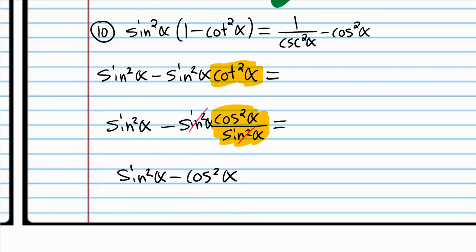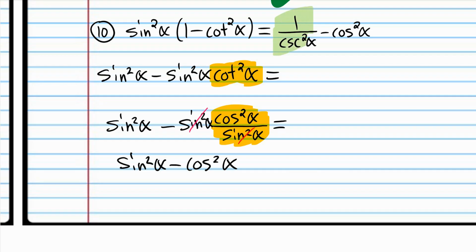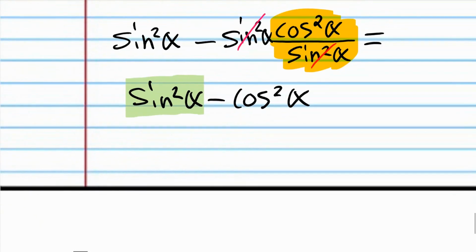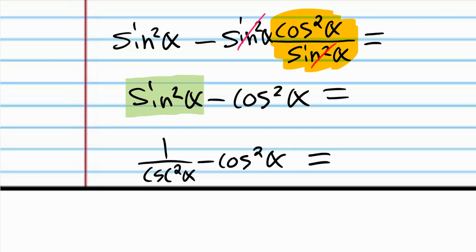So that was a ratio identity. And now we're going to use a reciprocal identity for the last step. We want 1 over cosecant squared, so we're going to change the sine squared alpha to 1 over cosecant squared. And there you go.